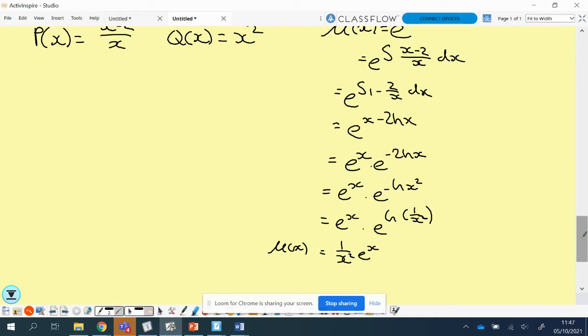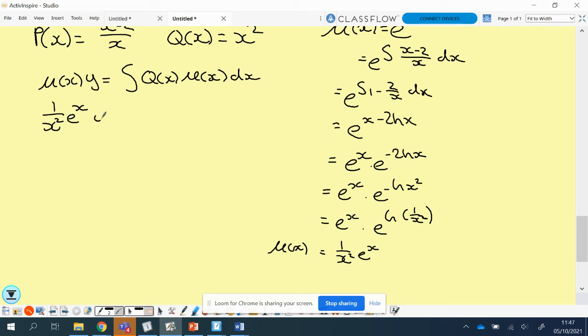So our format is mu of x y equals the integral of q of x mu of x dx. Mu of x is 1 over x squared e to the power x, y. I need to integrate q of x.